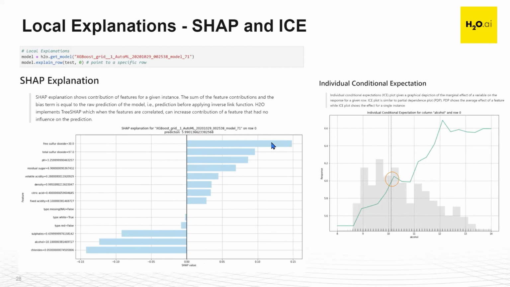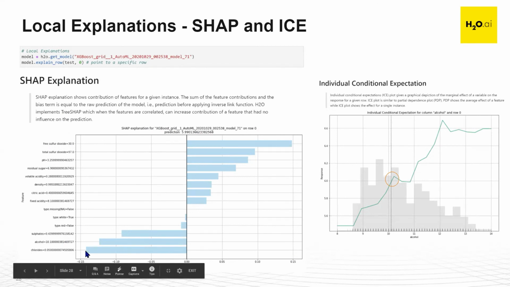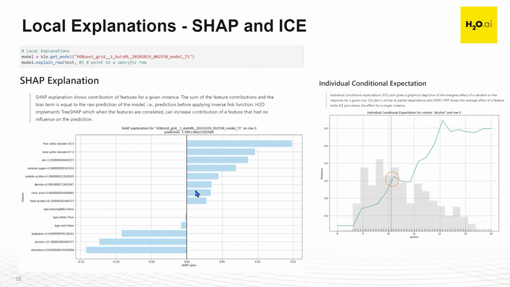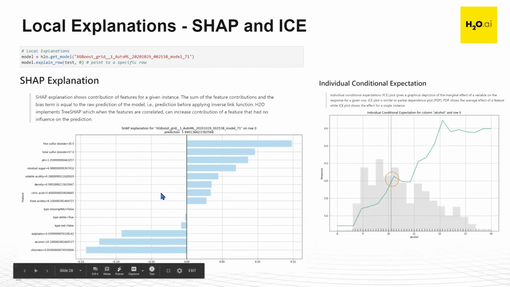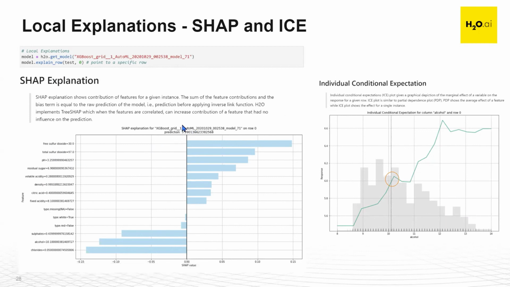So we can see some of the most important features, the most important contributions. There could be a positive contribution on one side, or it can also be a negative contribution on the other side. So that gives you a picture of how the model is using different features to come up with the final prediction, which is 5.99.